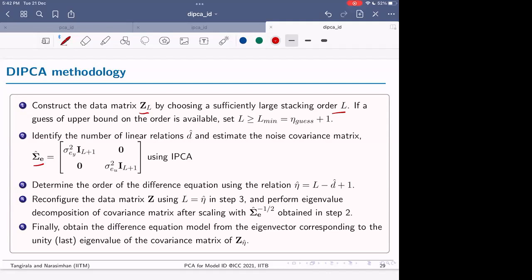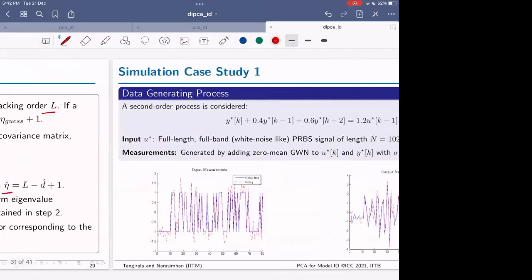So that modification also has to be made in IPCA, but that's a very minor coding modification. Once you run your IPCA, this will give you sigma E hat and D, the number of constraints on the ZL. From there, you recover eta, you reconfigure your data matrix using L equals eta hat, scale, and that's it. So you finally obtain the difference equation. That's all through the IPCA and the DIPCA.